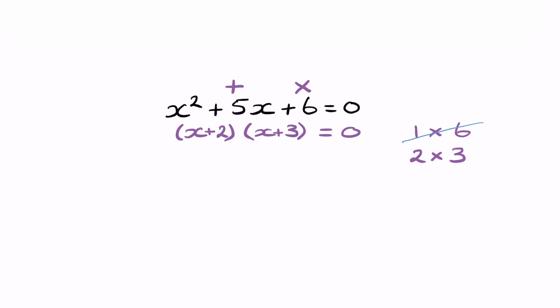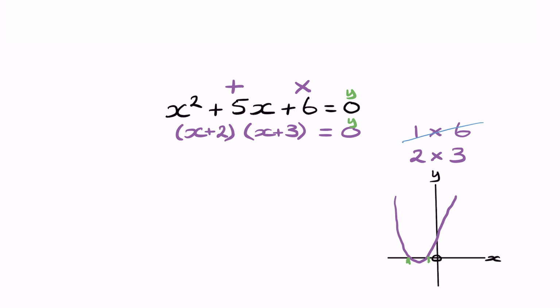So what are our solutions? Well, if we remember from our graph work, we know we're looking for the values of where the quadratic crosses the x-axis. So it was this x value here and this x value here, because that's when y is 0. Remember, that is just y. And where y is 0 is when this bracket and this bracket equals 0. So if you take a look here, we have x plus 2.